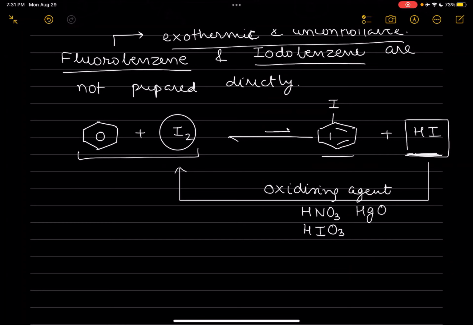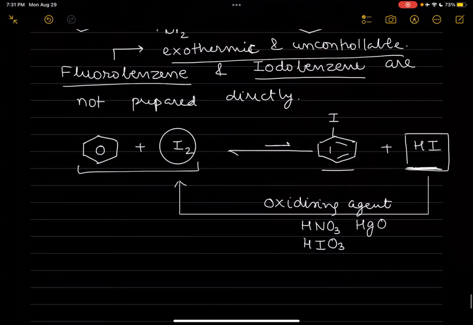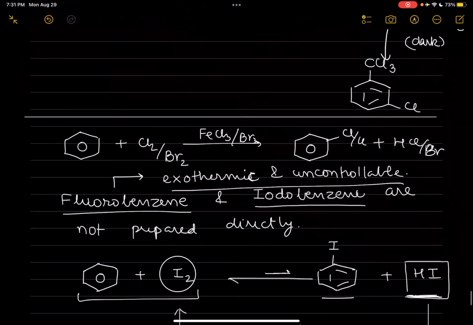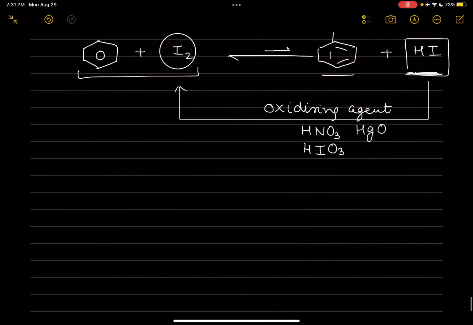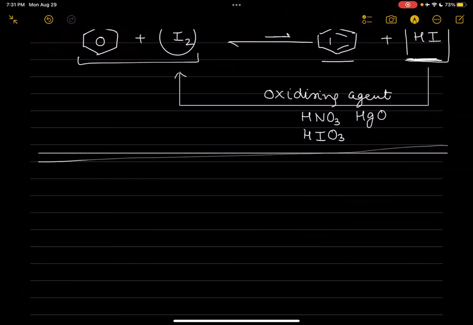There is an indirect way. Attaching iodine or fluorine directly is not possible, or chlorine or bromine directly. So there is an indirect way of doing the electrophilic aromatic substitution on the benzene ring.